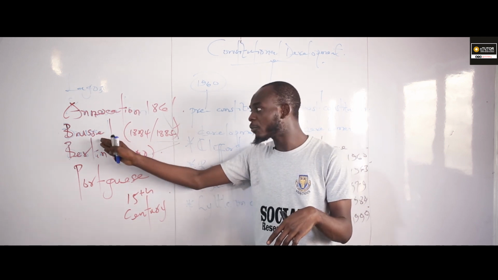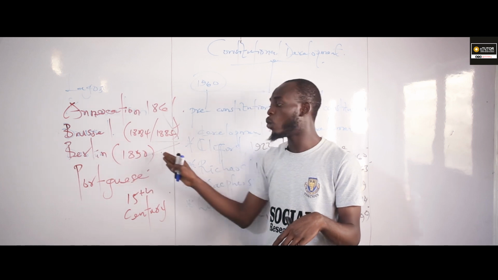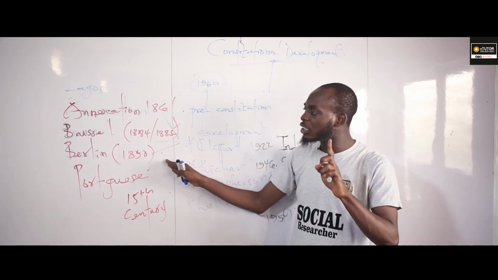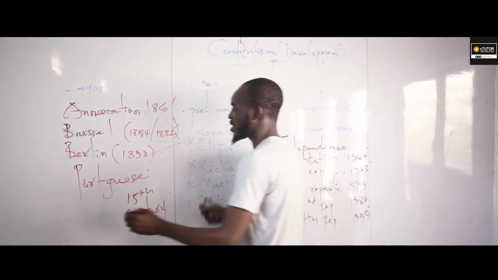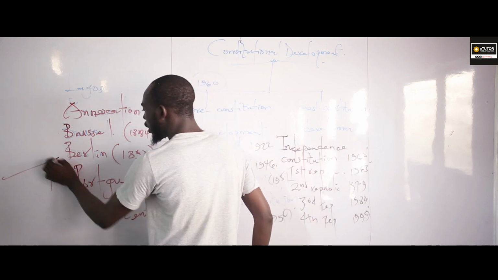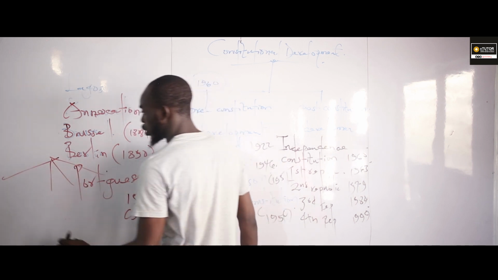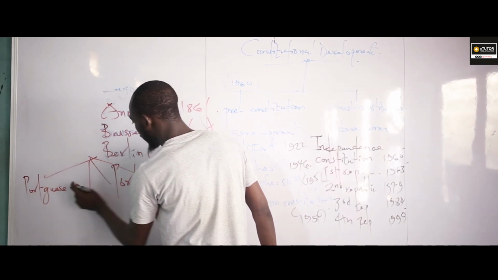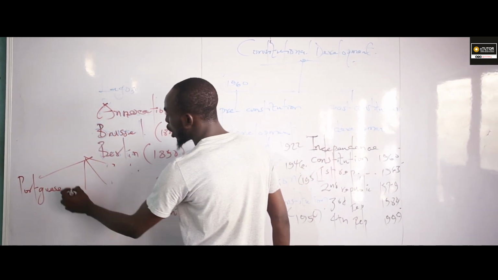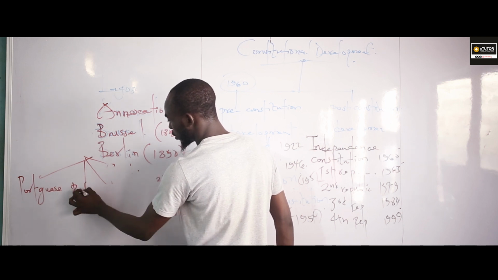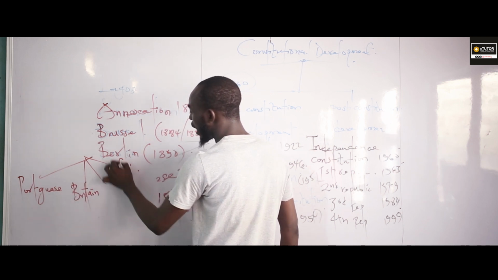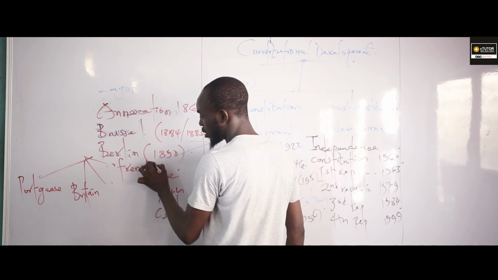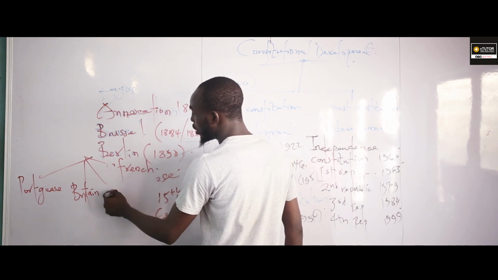After the Brussels Conference, we had the Berlin Conference. And don't forget the four major colonial masters we have in Africa: the Portuguese, the British, the French, and the Germans.